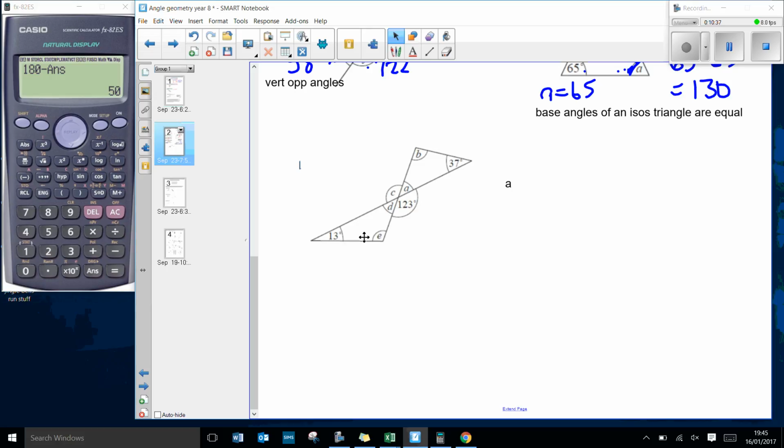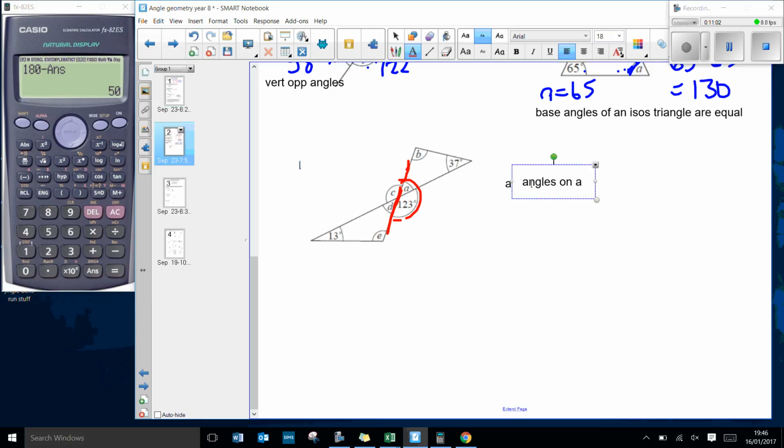Now I would suggest here, as before, it's one that people would miss out quite easily. If we're trying to find angle A, we can see that this is a straight line and that these two angles add up to 180. So the reason here is angles on a straight line add to 180.